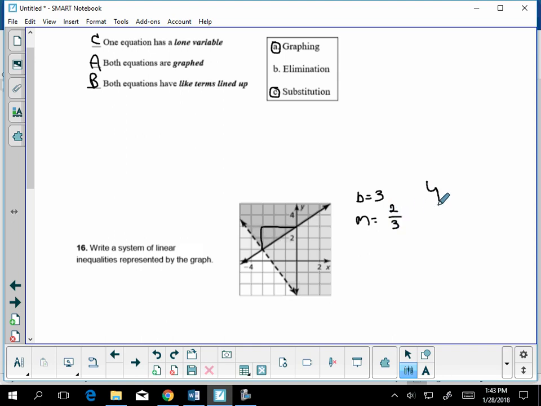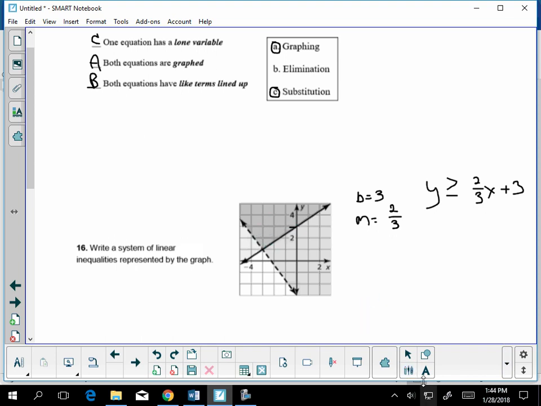So y equals 2 over 3x plus 3. We have to figure out our inequality. I know it's going to have an equal sign because it's solid, but now I need to figure out greater than or less than. Well, it looks like the shading is above the solid line, so it would be greater than or equal to.